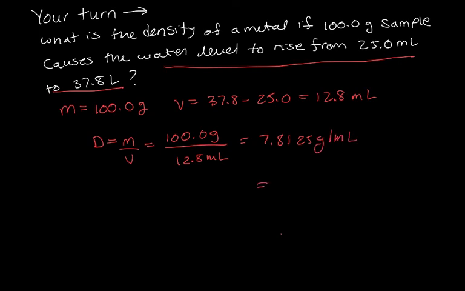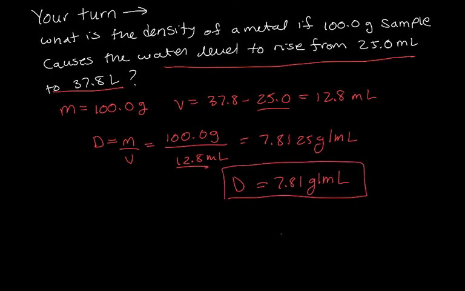But we are limited by 3 significant figures here, and so we round our answer to 7.81 grams per mL, and so that is our density. Don't forget your number and don't forget your unit. Grams per mL is the same as grams per cubic centimeter, and it's one of the units of volume.